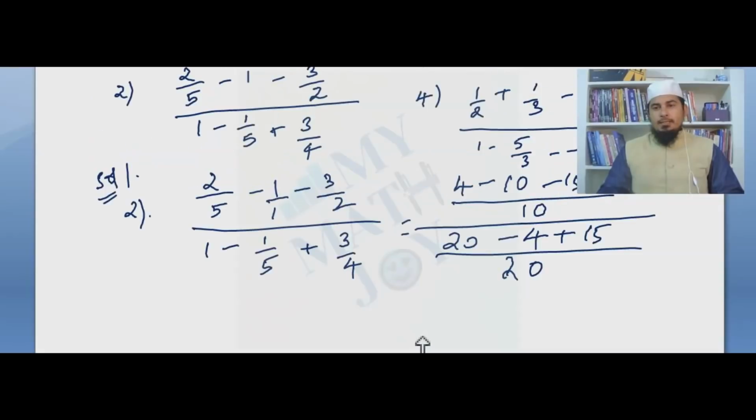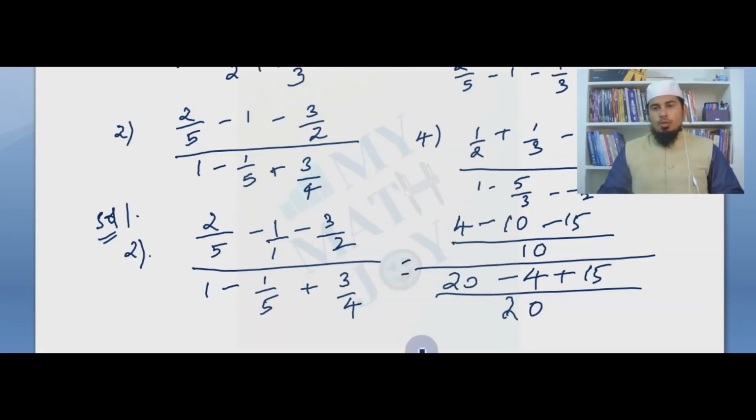Let us go for the simplification. What is going to become in the numerator? 4 minus 10 minus 15, exactly the two negatives, minus 25 plus minus 21, and the denominator is 10. I want to bring this denominator fraction to the numerator reciprocally.